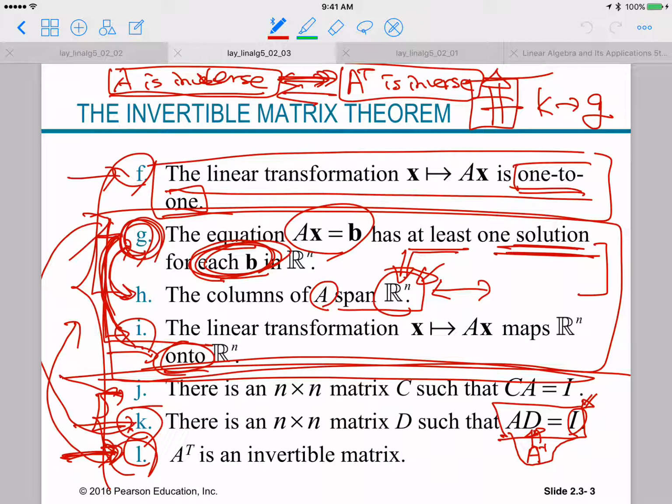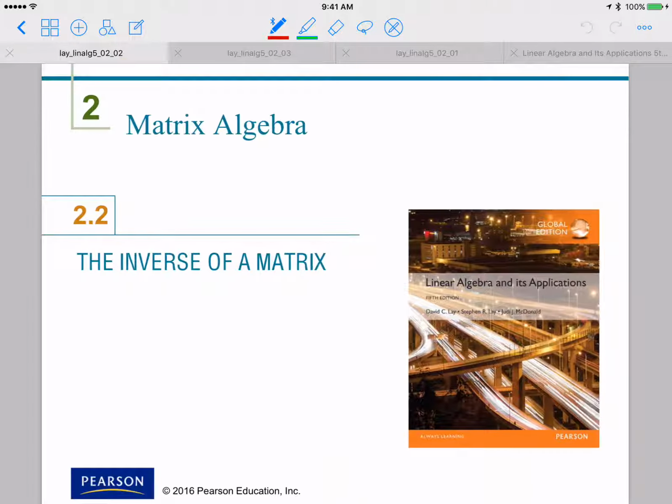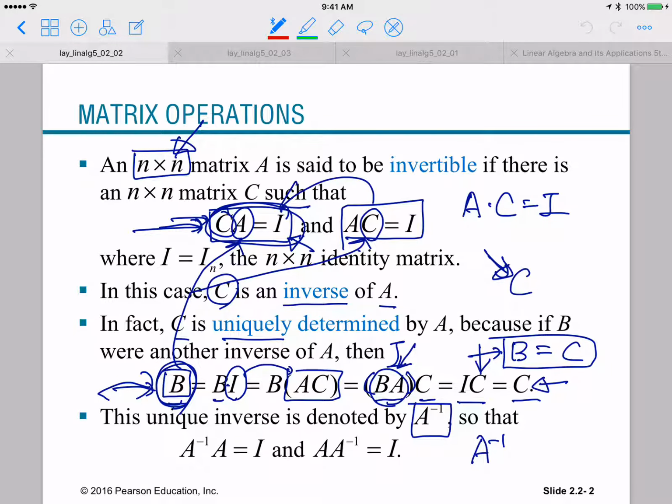So if you guys remember, when studying the definition of an inverse matrix, I just mentioned that if your matrix is invertible, then the inverse of matrix A will automatically satisfy those two, right?